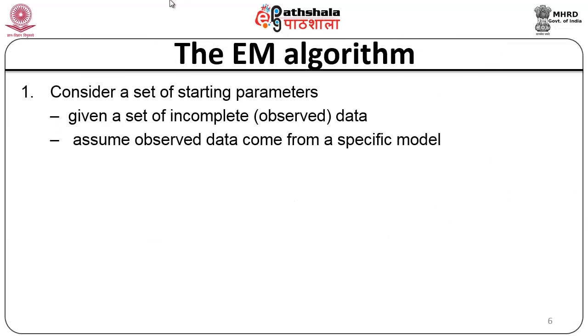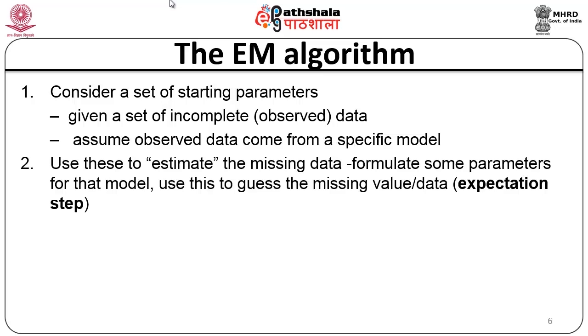So, how do we start describing this algorithm? Consider a set of starting parameters. You are given a set of incomplete data and you assume that the observed data that you have seen, which is not complete, comes from a specific model. We do not know the model, we are just assuming the model.